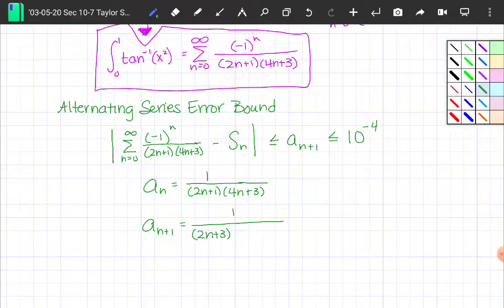And then if I put n plus 1 in the second quantity, 4 times n plus 1 would be 4n plus 4, plus 3, 4n plus 7. So that's the n plus 1th term. And again, we want that to be less than or equal to 10 to the negative fourth.